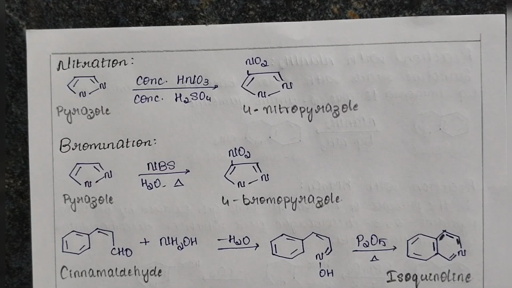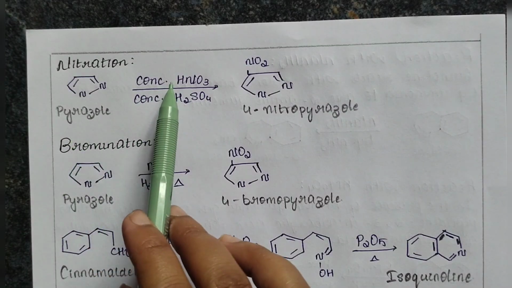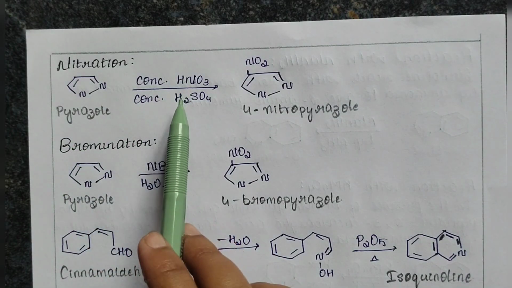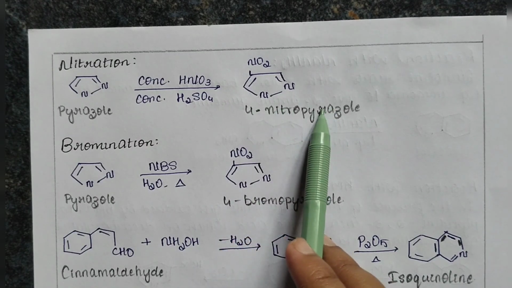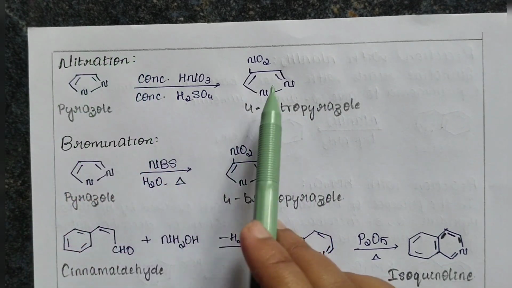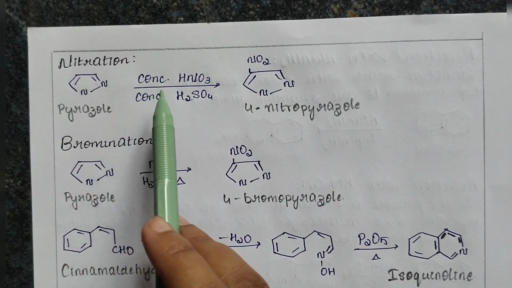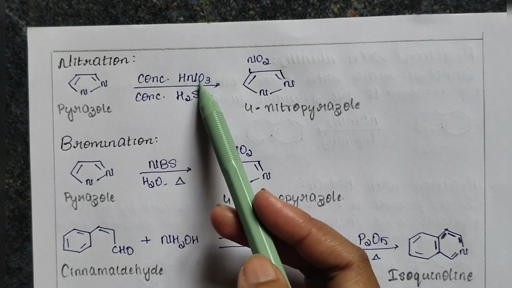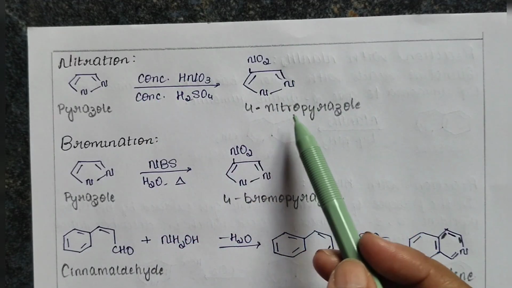Some of the reactions of pyrazole are nitration. When pyrazole reacts in presence of concentrated nitric acid and sulfuric acid, it leads to the formation of 4-nitropyrazole. So as we know, nitration is nothing but the addition of a nitro group to the given compound, and thus when pyrazole is reacted in presence of concentrated nitric acid and concentrated sulfuric acid, it yields us 4-nitropyrazole.